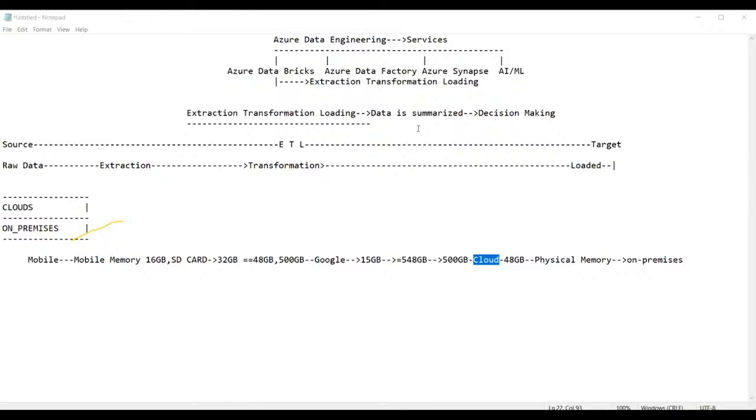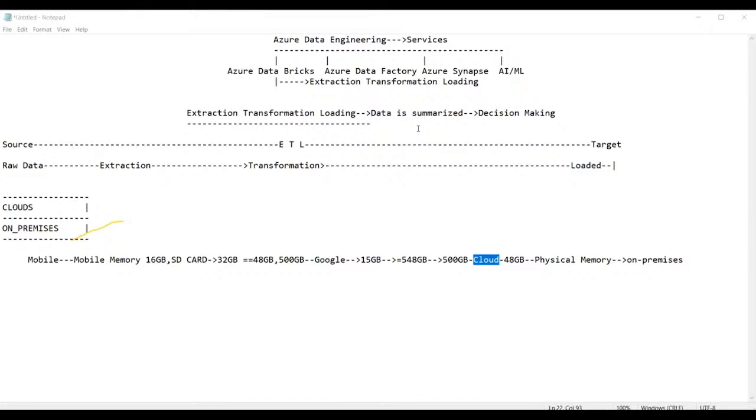Yes, of course. The access is possible irrespective of the location. So we can say that we can access this data stored in the Google Drive from anywhere in the world, without worrying about the physical location where my data is stored.